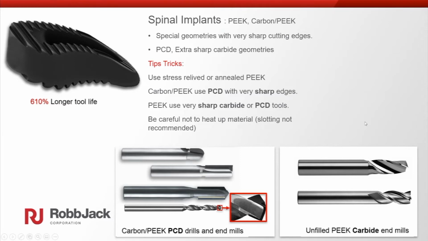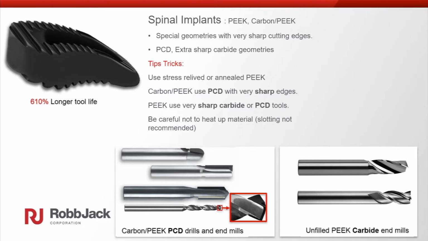If you're not using the carbon filled PEEK, a lot of people just use really sharp carbide. Some people will on the carbon filled PEEK sometimes use diamond coated inserts, but everything needs to be very sharp, and you want to be very careful not to heat up the material. You can cause cracks to form if you're heating up the material.